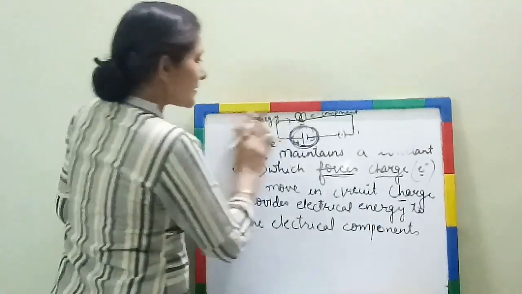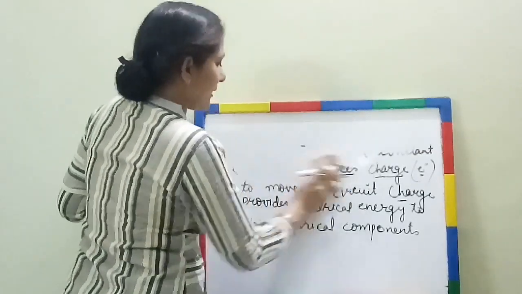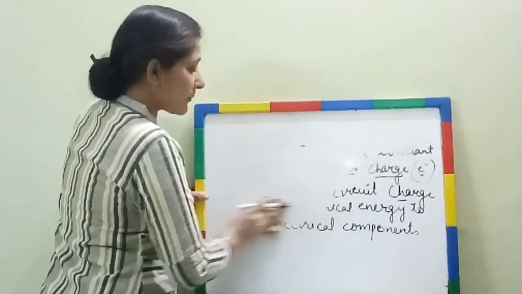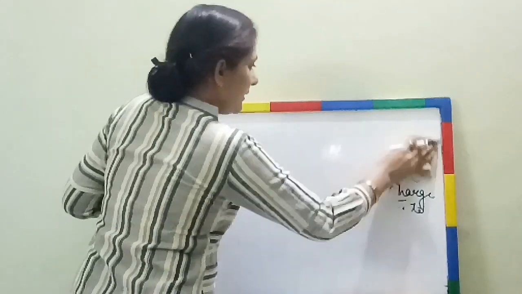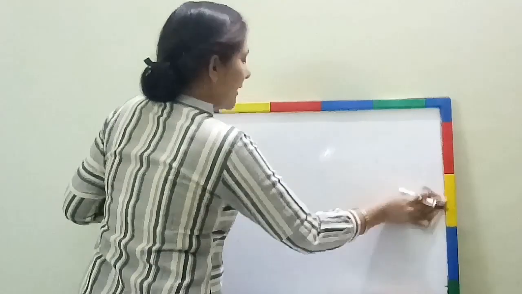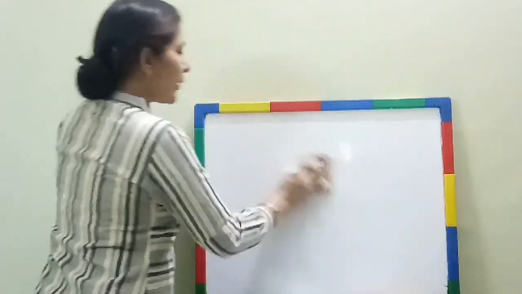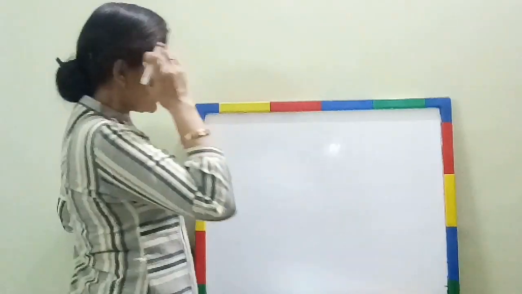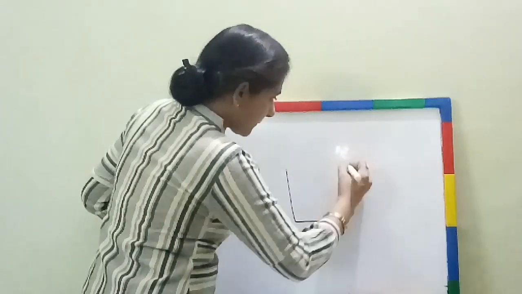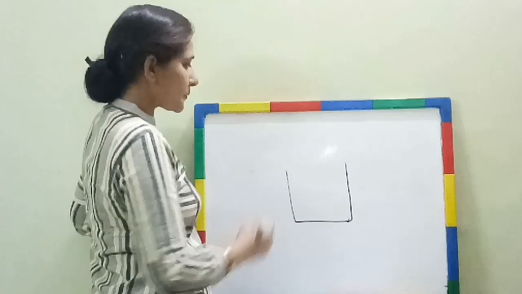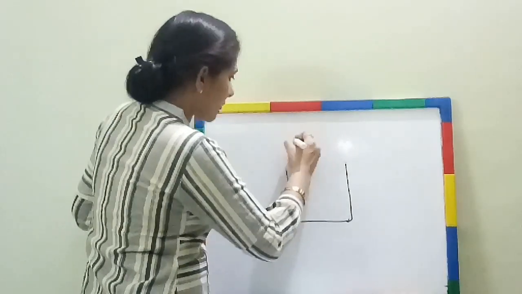But to understand the working of a cell in detail, we need to study a little chemistry of this simple cell. When you started studying cells, you studied the dry cell, and then you moved on to other cells, and you learned the diagram of simple cells. We draw it this way. This is a container in which two electrodes are present.